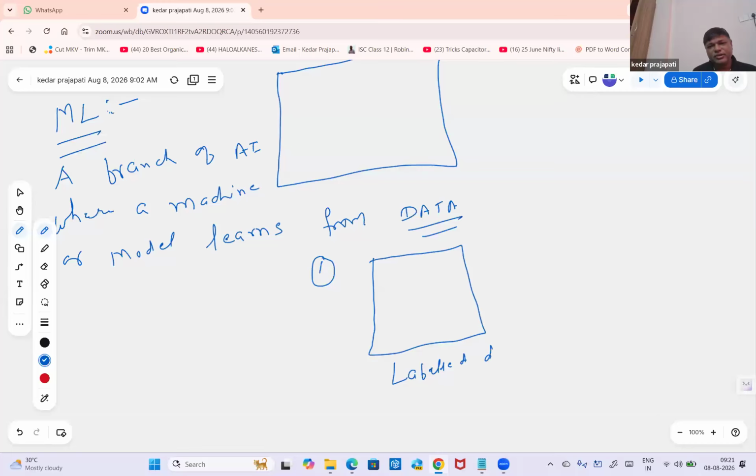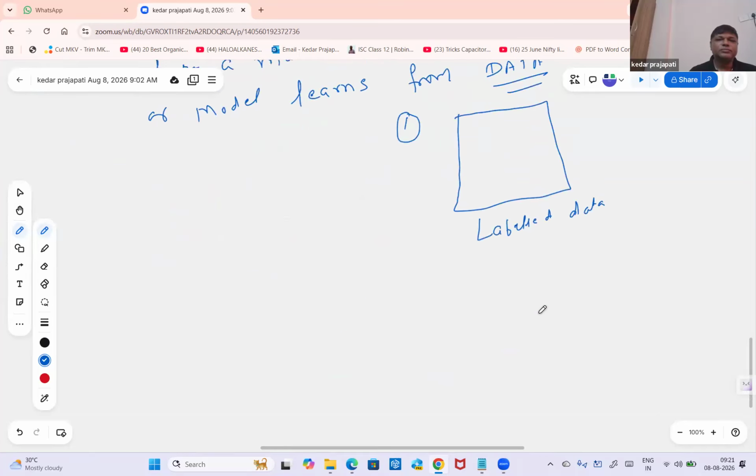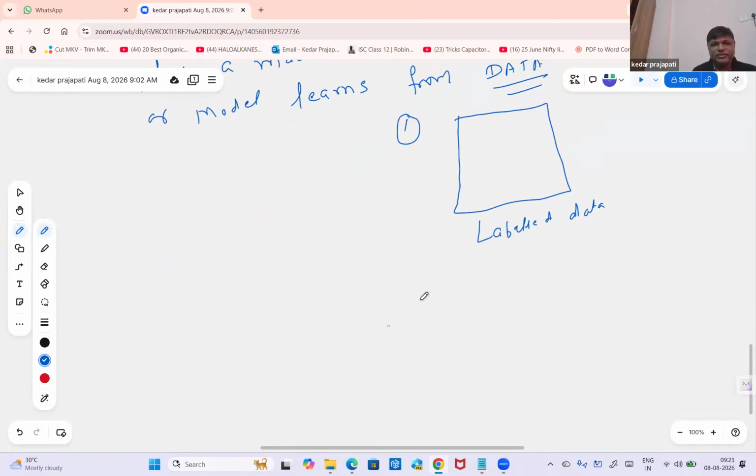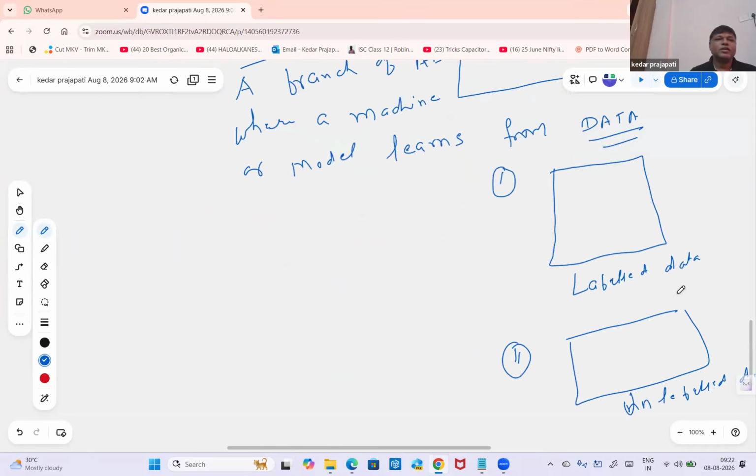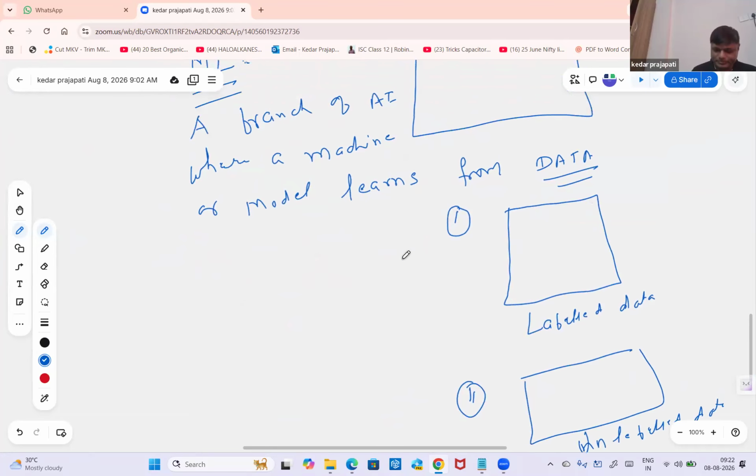I'll give you an example. This data can be unlabeled also. But first understand what is machine learning.